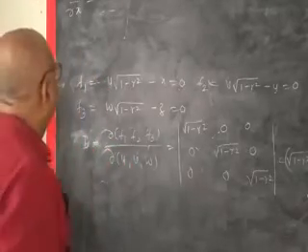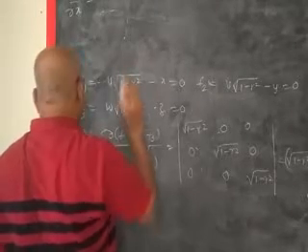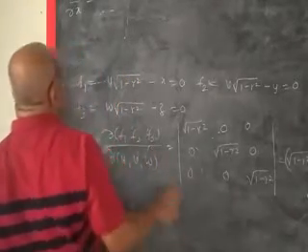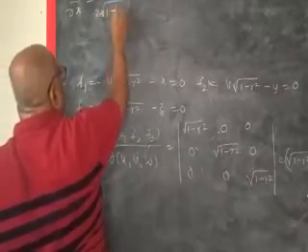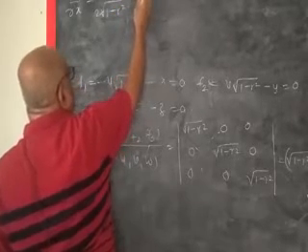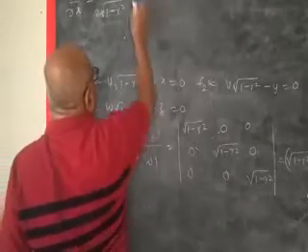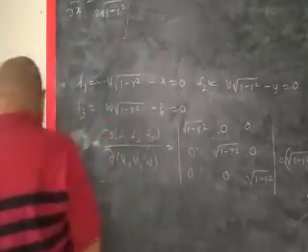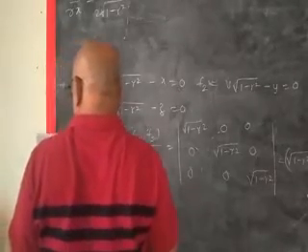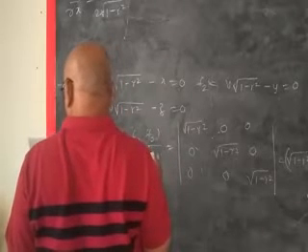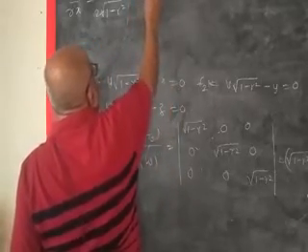Now keeping in mind r square is equal to x square plus y square plus z square, therefore u divided by 2 root of 1 minus r square into derivative of 1 minus r square with respect to x is minus 2x.